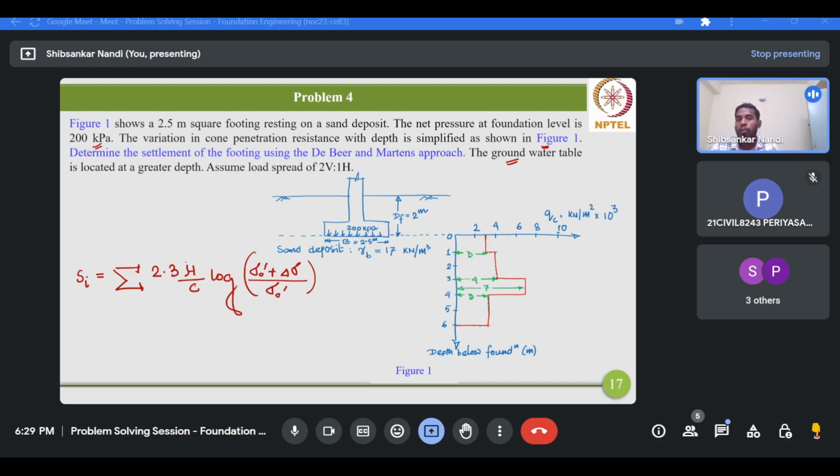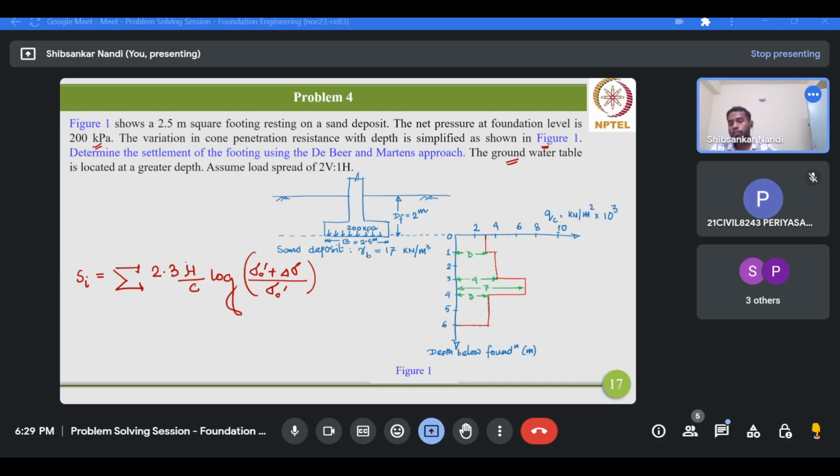So luckily in problem 3 we had one homogeneous layer where all the properties were constant throughout the depth. However, it is more practical to have a layered configuration instead of a single layer.